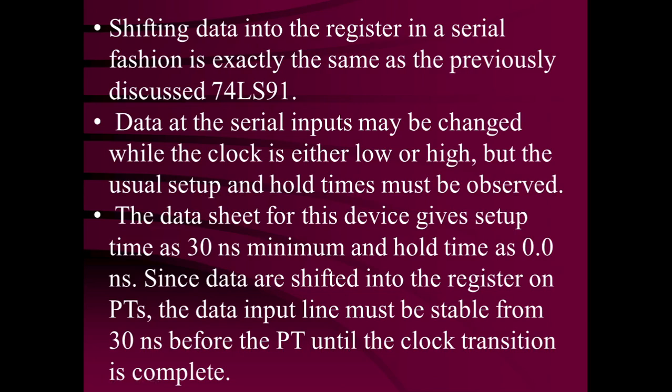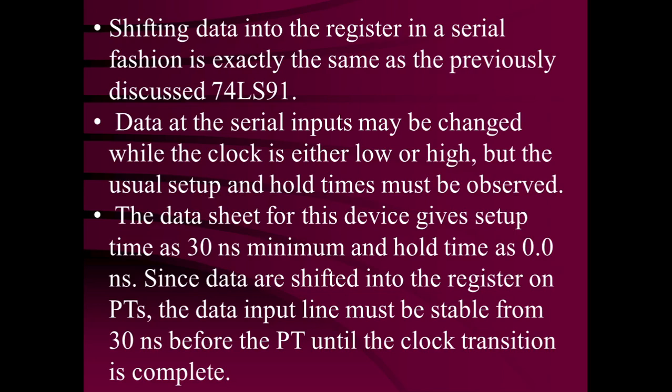So in this particular IC, that is 74164, the setup time is 30 nanoseconds. That means data must be present 30 nanoseconds prior to the positive transition of the clock pulse, because this data is going to be shifted on the positive transition of the clock pulse.